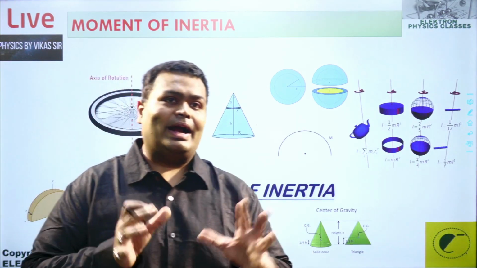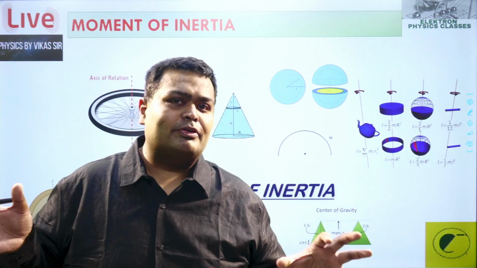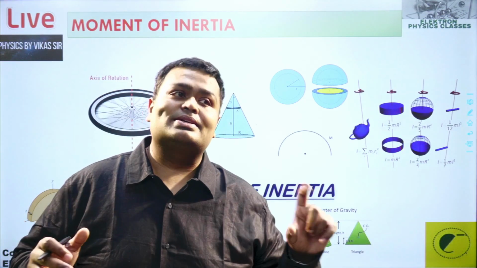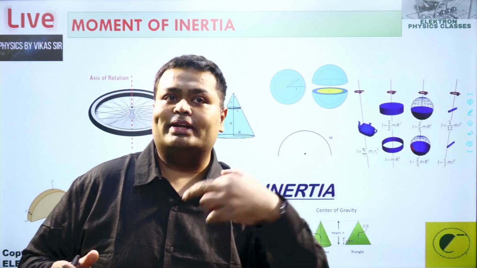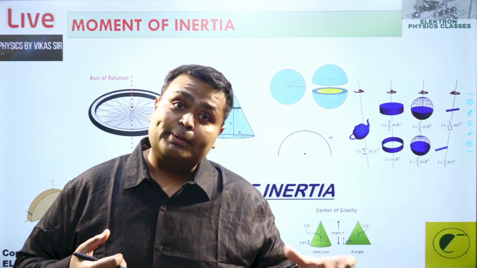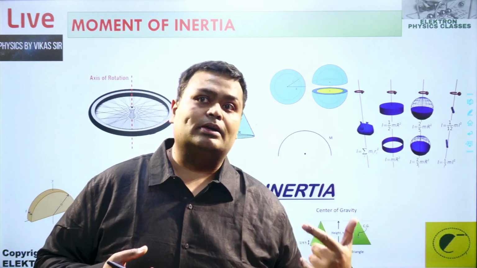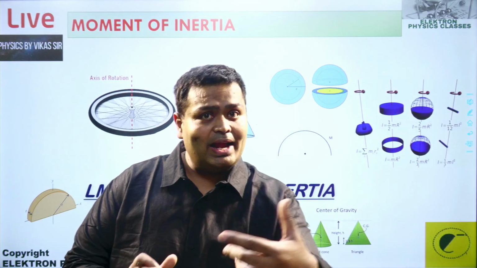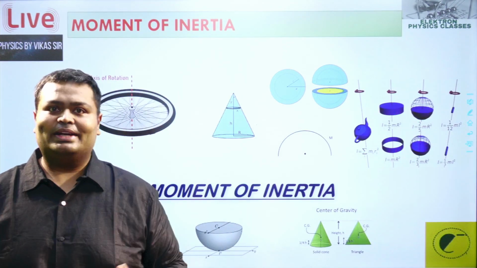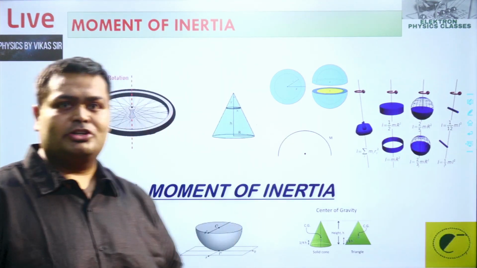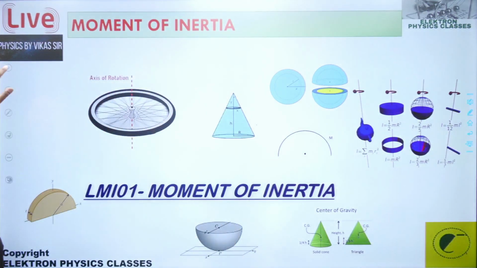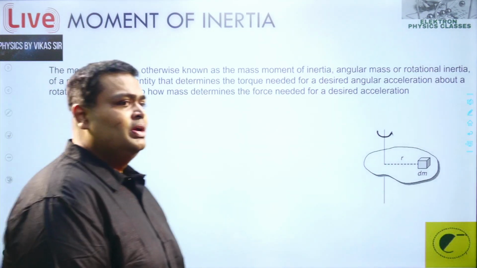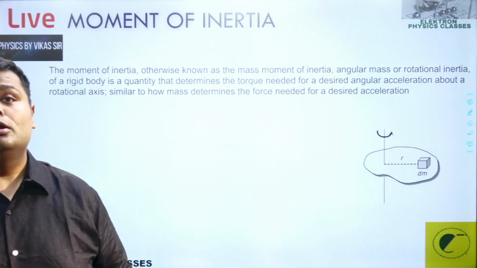Which means a kind of analogous behavior, but different terms have been coined in the same manner. We coin a different term representing inertia, and that term is defined as rotational inertia, also termed as the article heading, the moment of inertia. So let's get into this article now, what exactly is the moment of inertia.